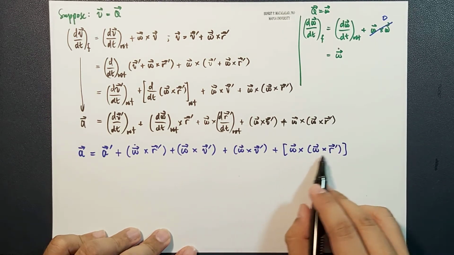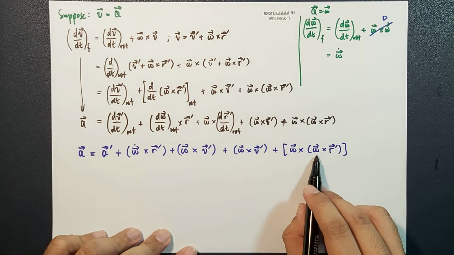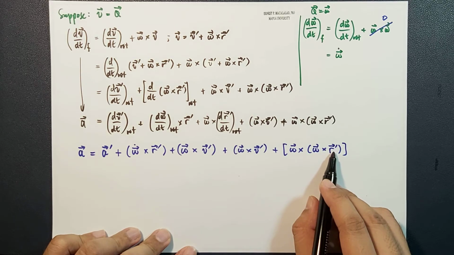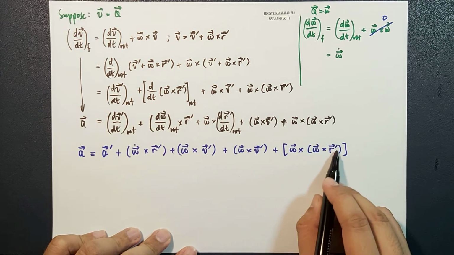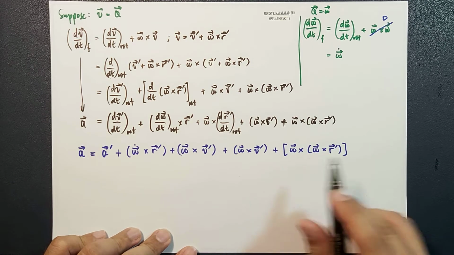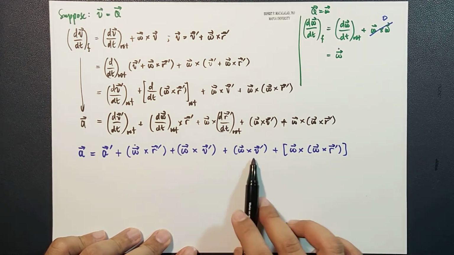Remember here that we maintain the order of the cross product. We take the cross product between omega and r prime first before taking the cross product of that vector with omega. These are the same.